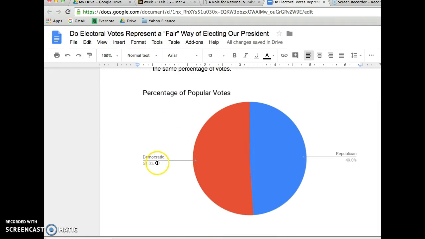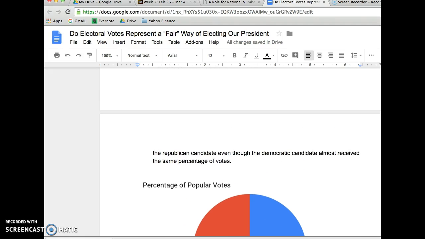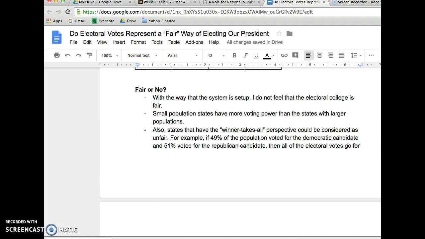If 51% was Democratic and 49% was Republican, all the electoral votes would still go Democratic, even though it was almost evenly split. So my answer to the question about whether or not I think it's fair: I'm not sure, but I really am leaning more towards it's not fair. I do not have a better solution at the time. I was just looking at the numbers to see what would be most representative, and I feel like it's probably not the fair system.